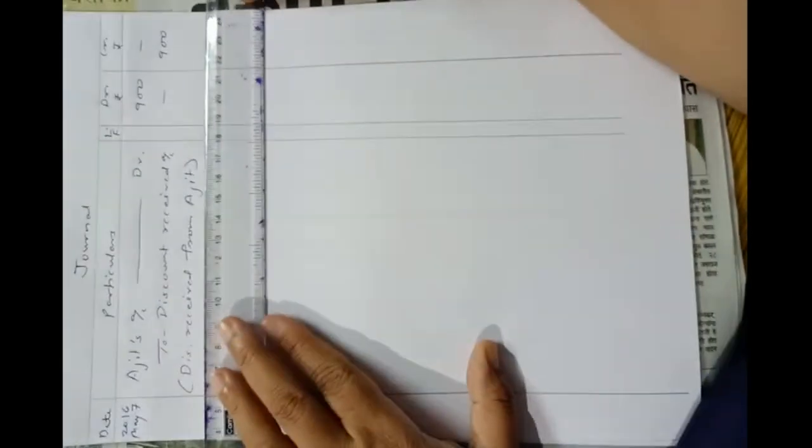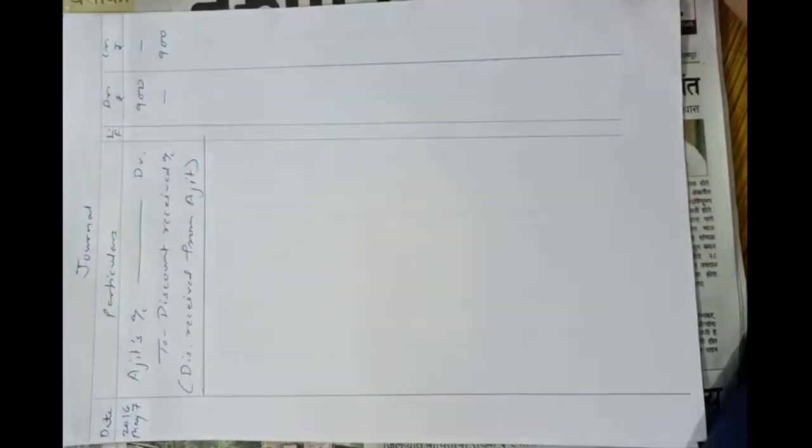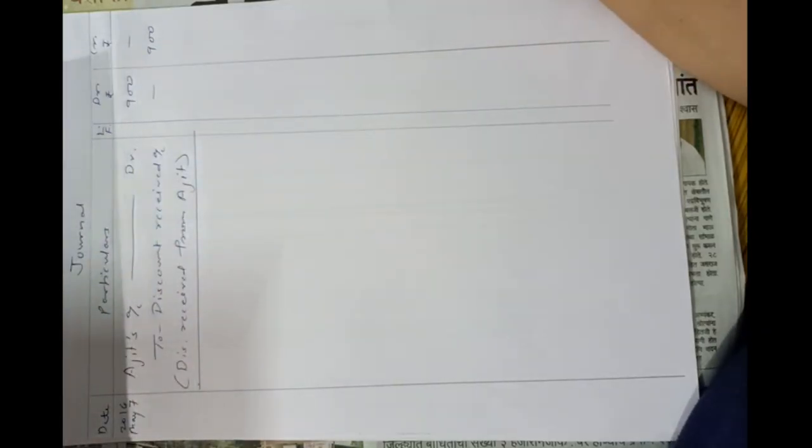This will be the entry passed in the journal proper for discount, because we have paid amount to Ajit. So entry will be Ajit's account debit to cash account to discount received account.